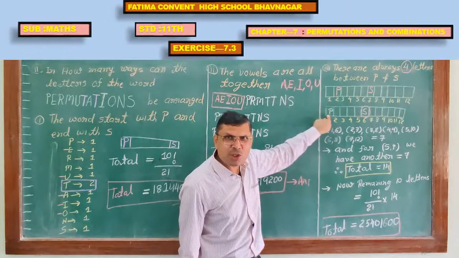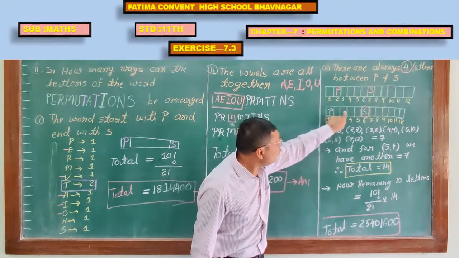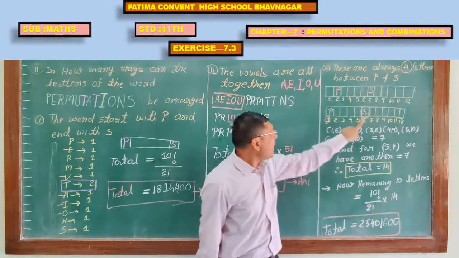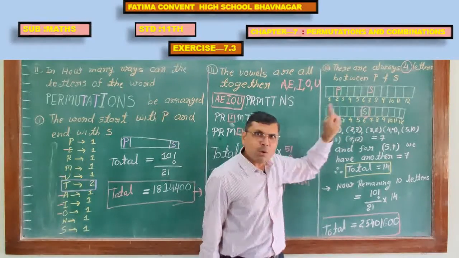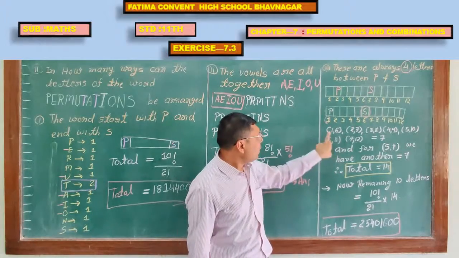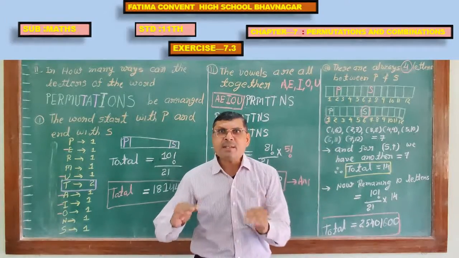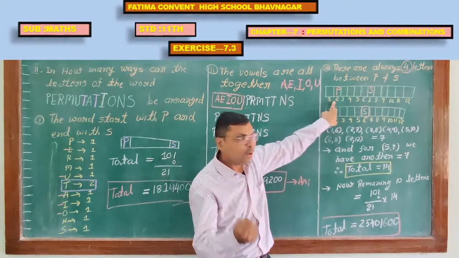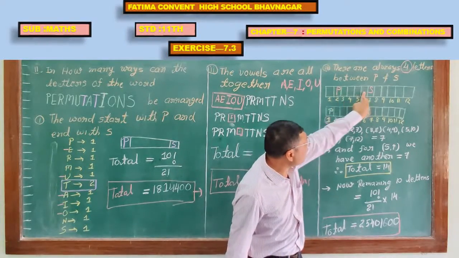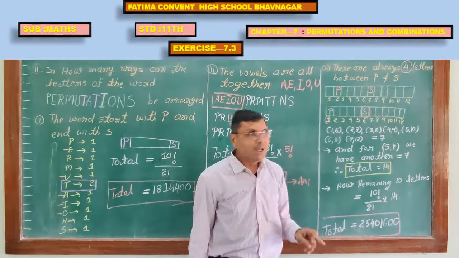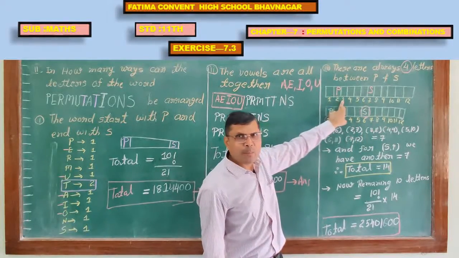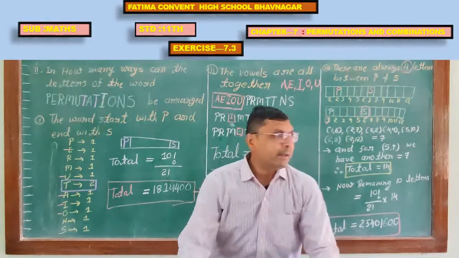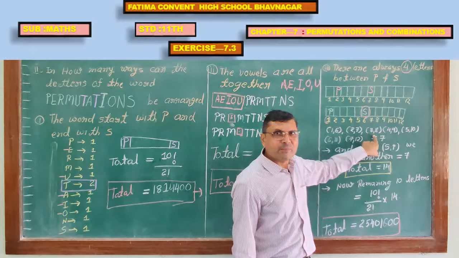P at the first position, 1, 2, 3, 4, 4 vacant places, then S. Alright. This is the first possibility, 1 and 6. Then what is the second one? Now P I will shift to the second place. Alright. Then 1, 2, 3, 4 and S will come to the seventh. Now if you shift your P to the third place, then S will go one step ahead. That is 3, 8. Alright.